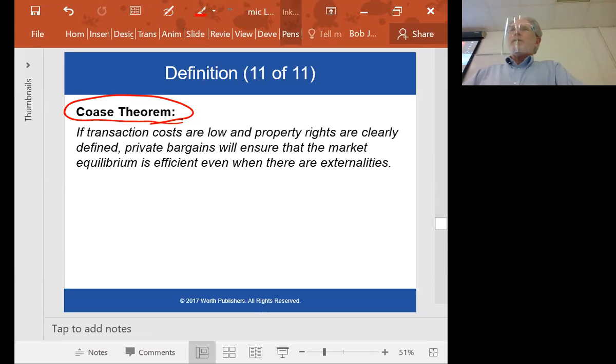Here's the idea that in theory, even when you have externalities, the market outcome could be efficient. Okay? Think about the pollution. The tire company is emitting these chemicals into the environment, and it's hurting the people in the community.